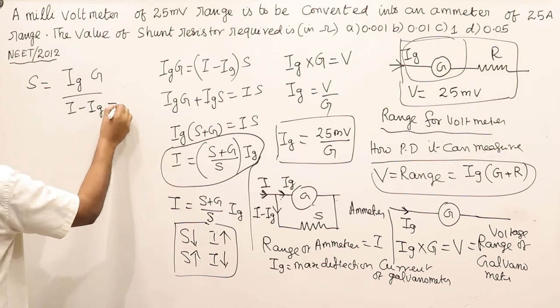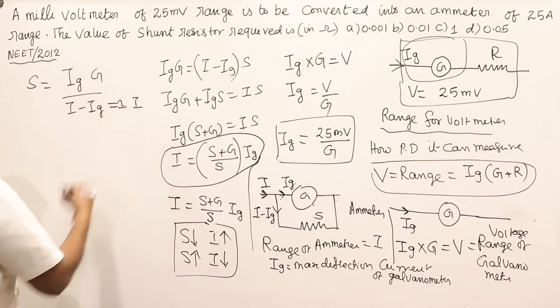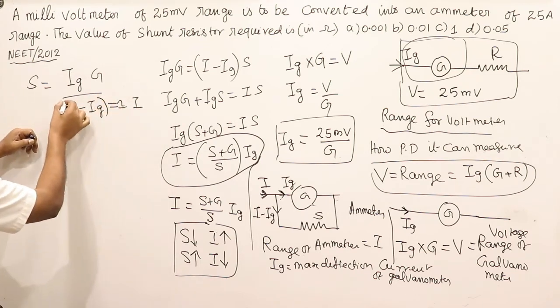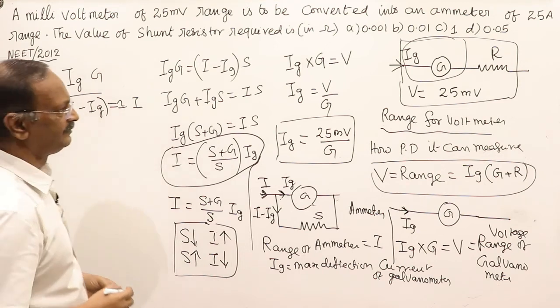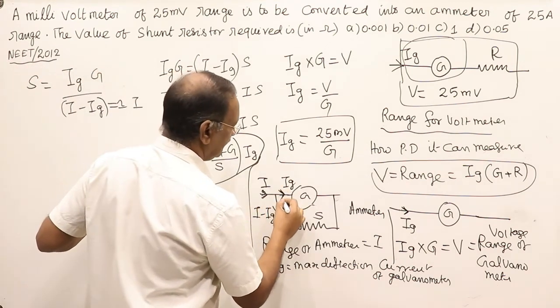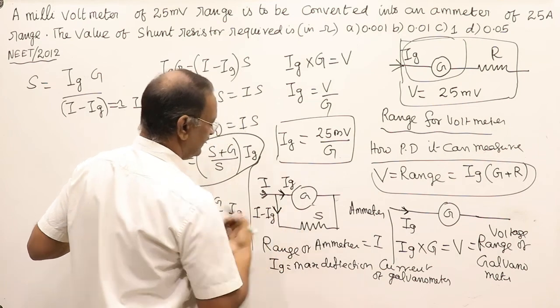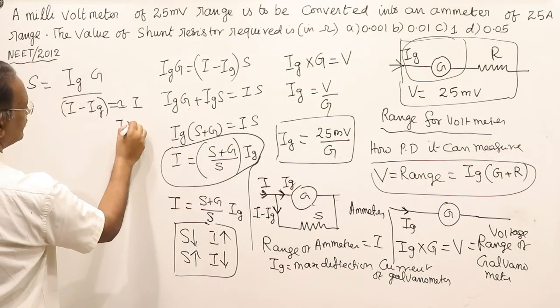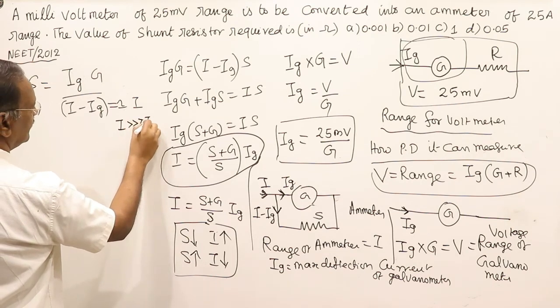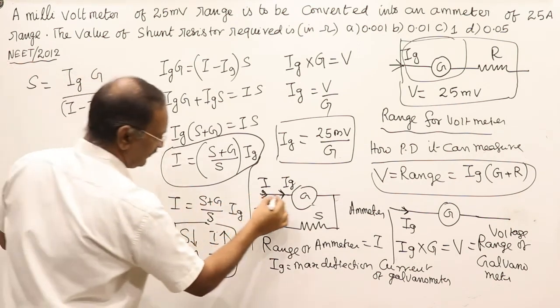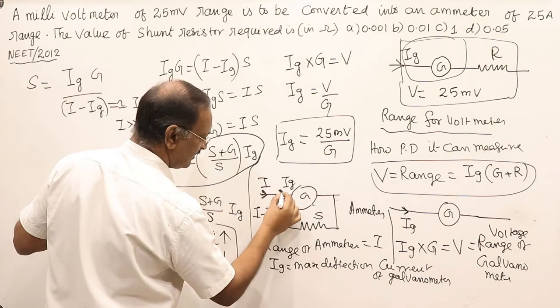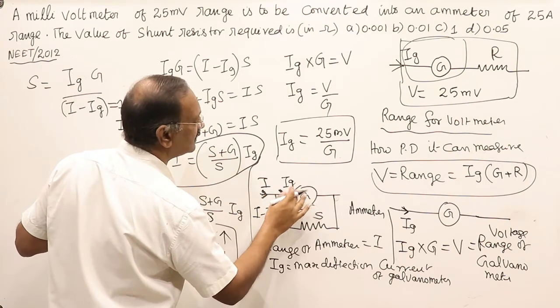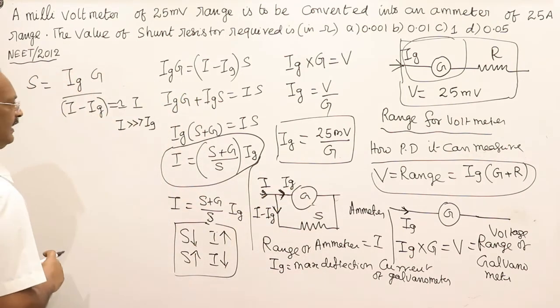So this can be approximated to I. Why? Because this is Ig, this is I minus Ig. Since I is much bigger than Ig, the current flowing into the ammeter is much greater than the full scale deflection current of the galvanometer.